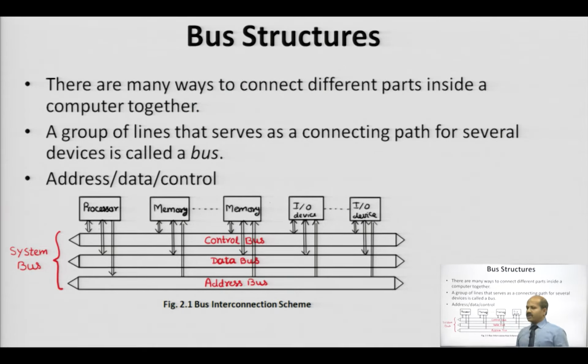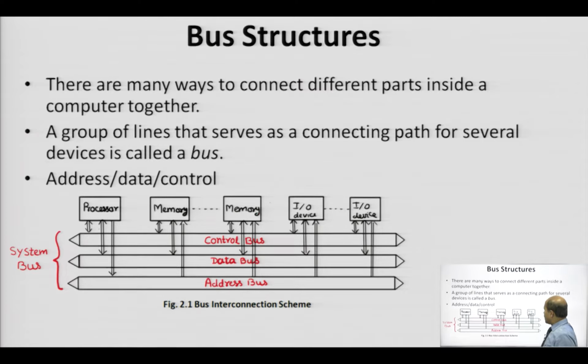This bus is used to transfer control signals. Since most of the control signals are issued by the control unit in the processor, various control signals are transferred through the control bus, meaning the processor can communicate its signals through the control bus.